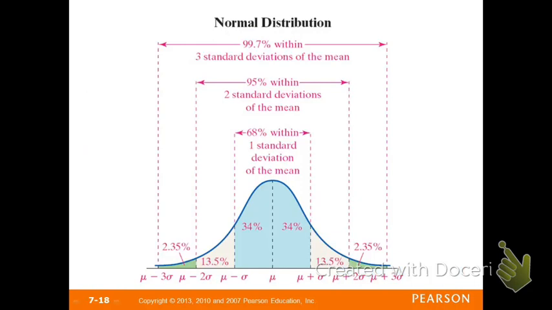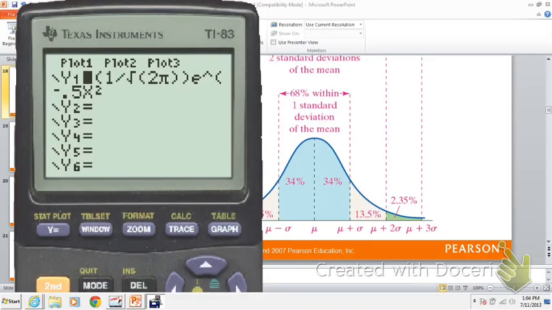So now, before you took the empirical rule for granted, now let's play with something here. I'm actually going to type in that lovely formula that I just showed you, standardize the Gaussian distribution with sigma equal 1 and mu equal 0. I'll type it into the TI. Okay, now I'll show you what I did here.